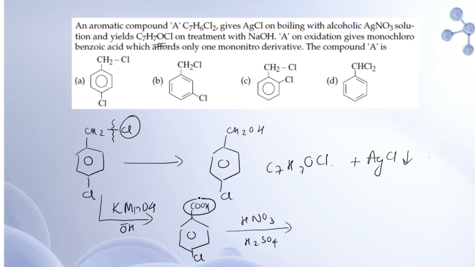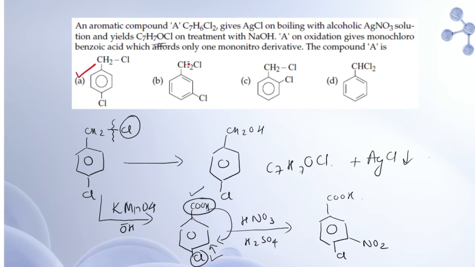See, COOH is meta-directing. What about this? This is ortho-para. Para is already blocked. So where will it go? Ortho. So with respect to this, meta is this. With respect to this, ortho. Therefore, you are going to get only one product like this. Therefore, this statement will hold good for option A. Hence, this is the final answer.